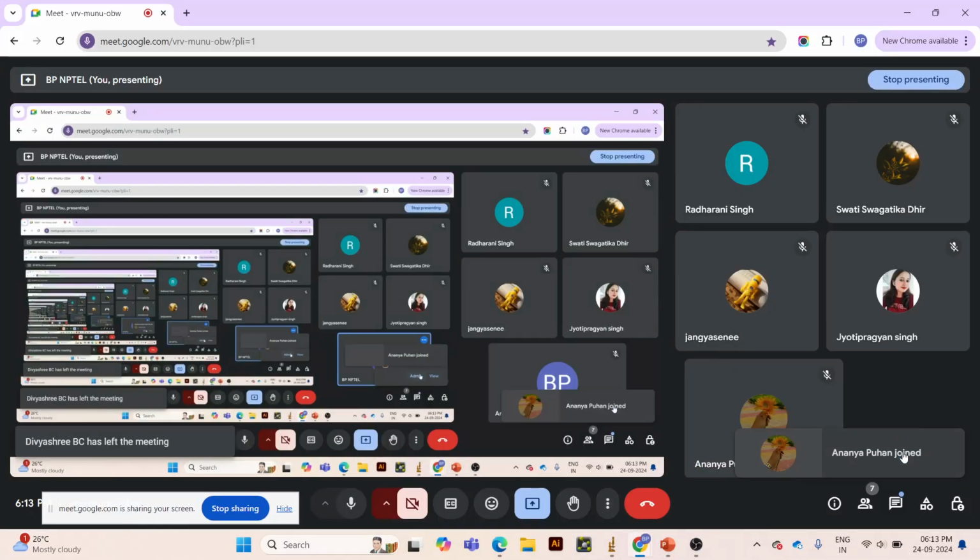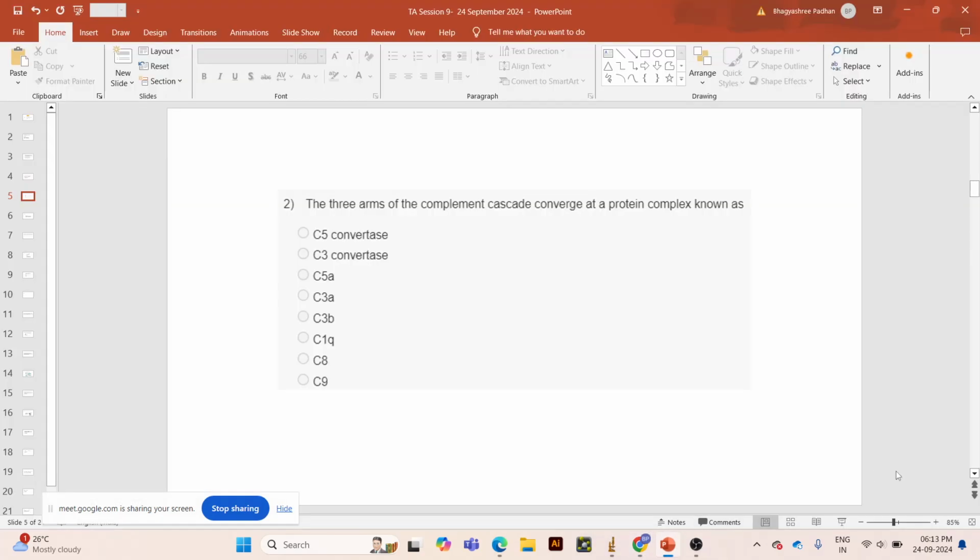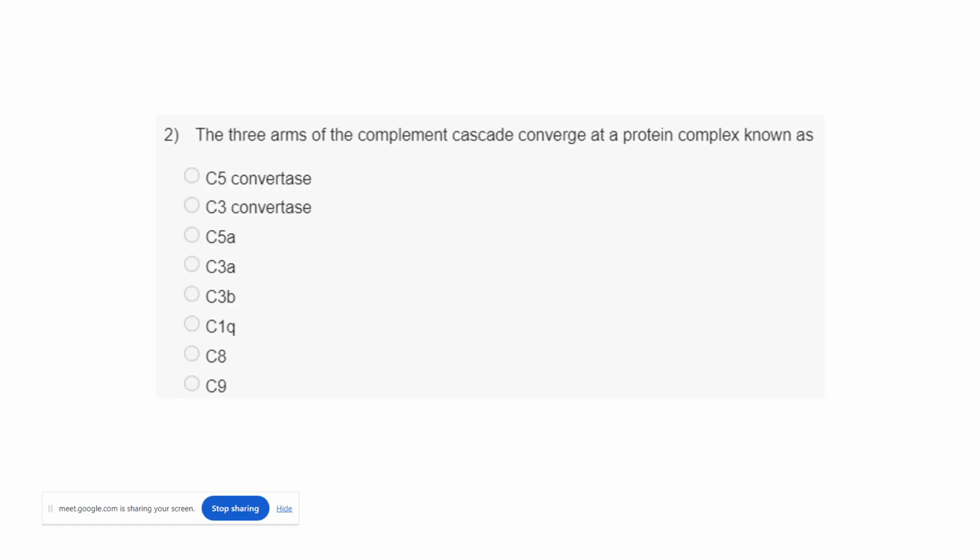C3 convertase. Okay. Anybody else? The three arms of the complement cascade converge at a protein complex, which is known as.